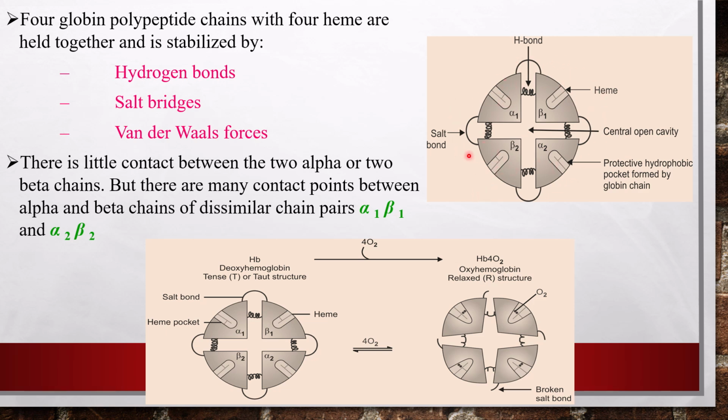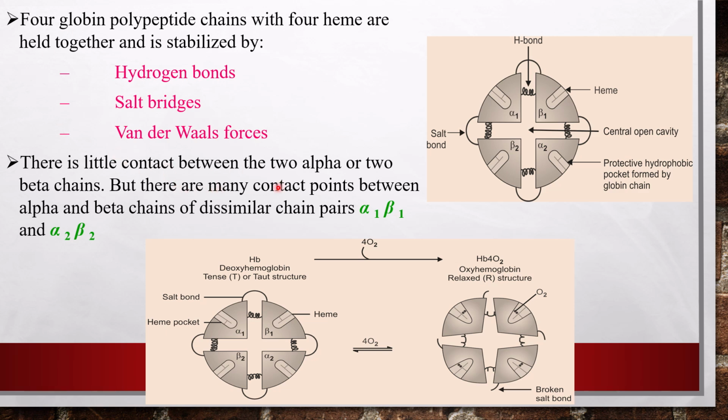So these are the salt bridges, the four chains held with the heme nucleus. They are all attached with each other via the salt bridges. Then protective hydrophobic pockets formed by globin chains. This is the central open cavity, and these are the hydrogen bonds in between. So an important role is played by all these three forces.